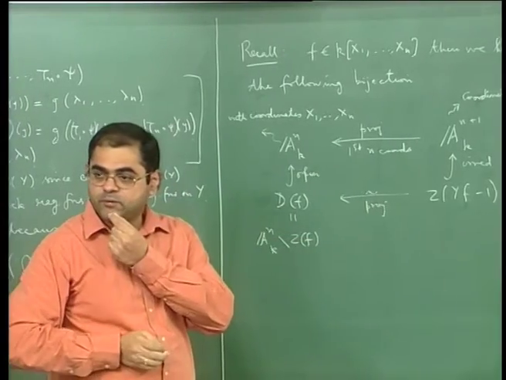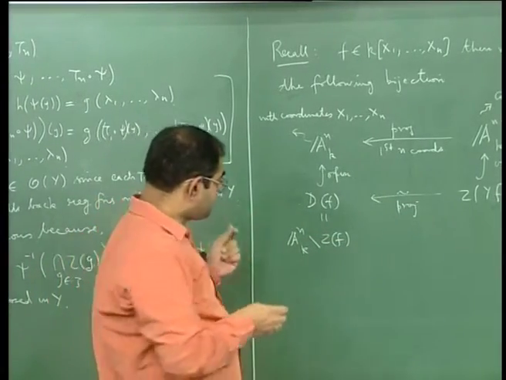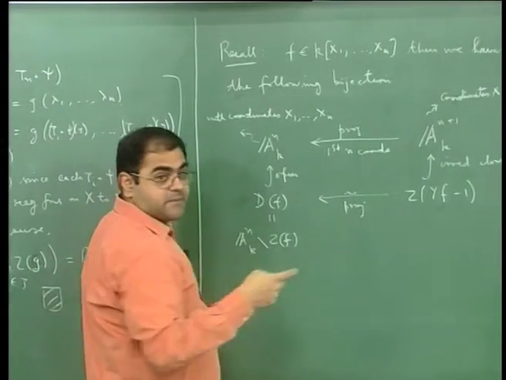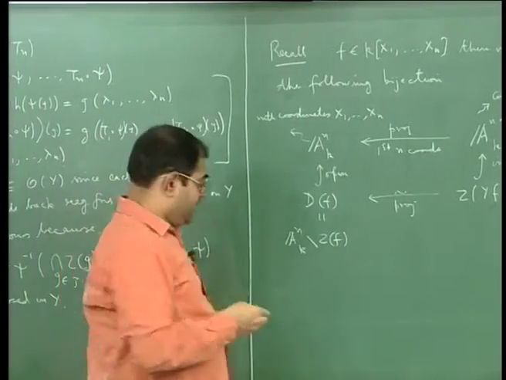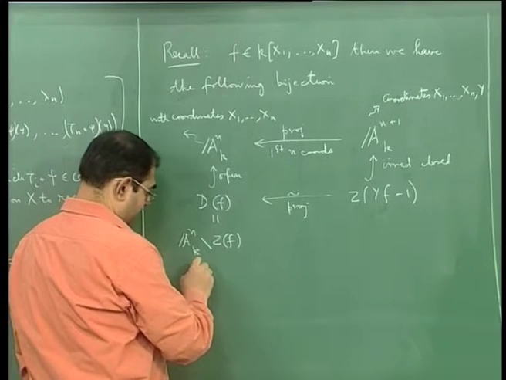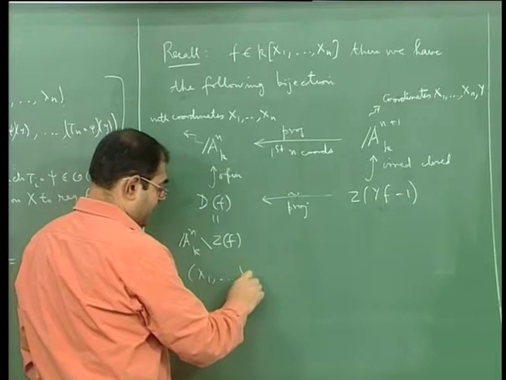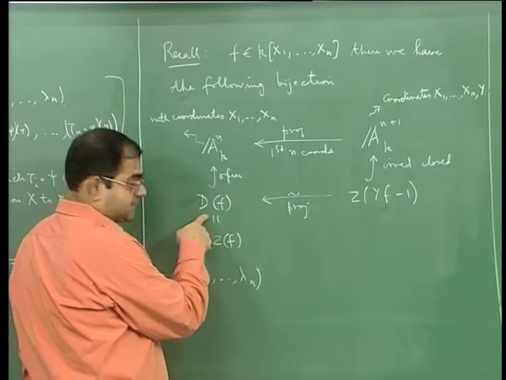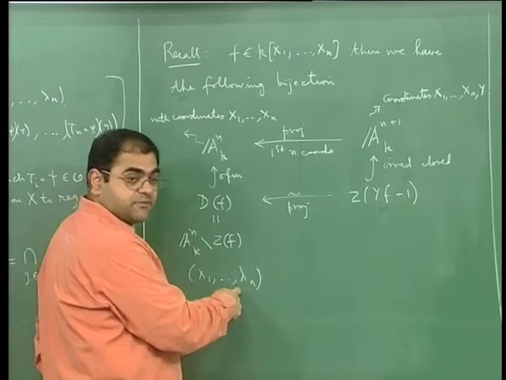This is something that I told you, and in fact I told you that this bijective map is actually an isomorphism of varieties, okay. In fact the map is very simply defined. You give me an element lambda1 through lambdan which is here, which means f does not vanish at this element.